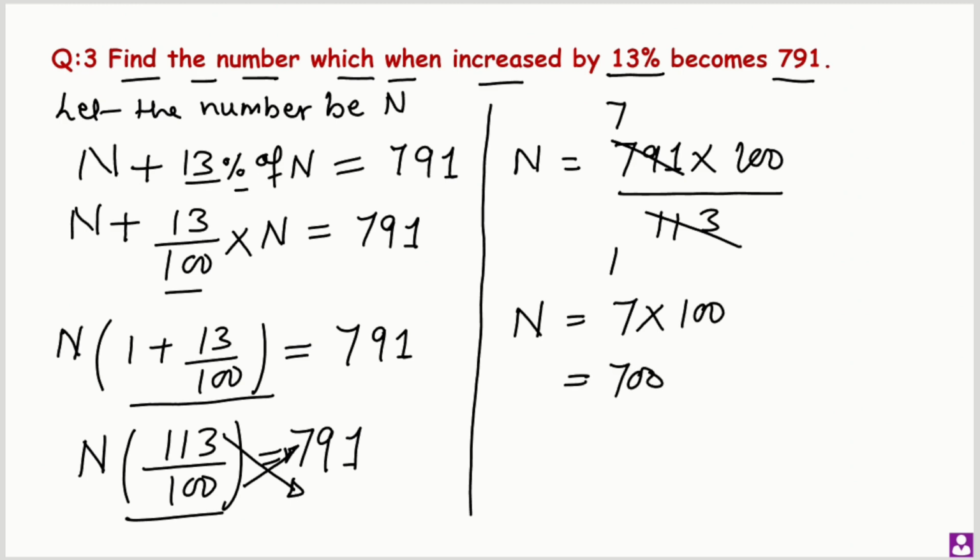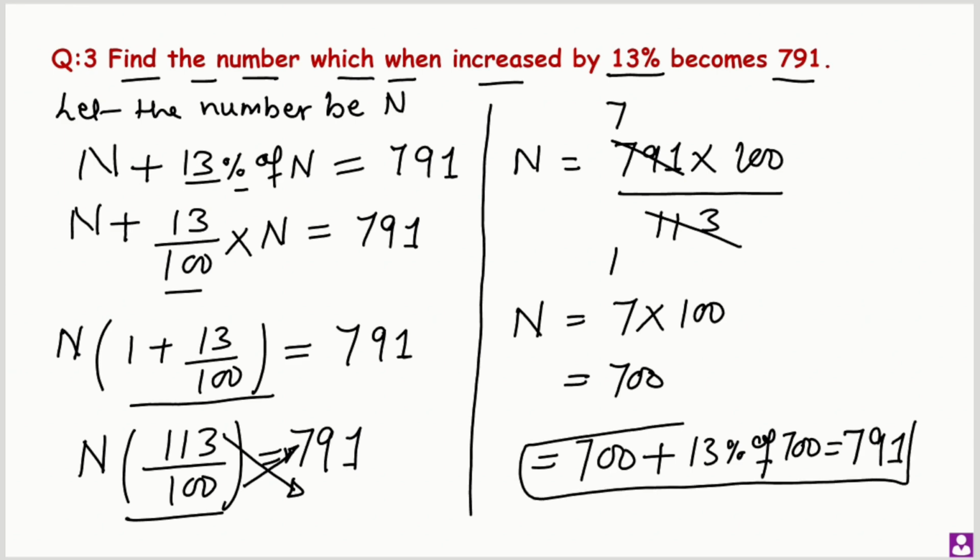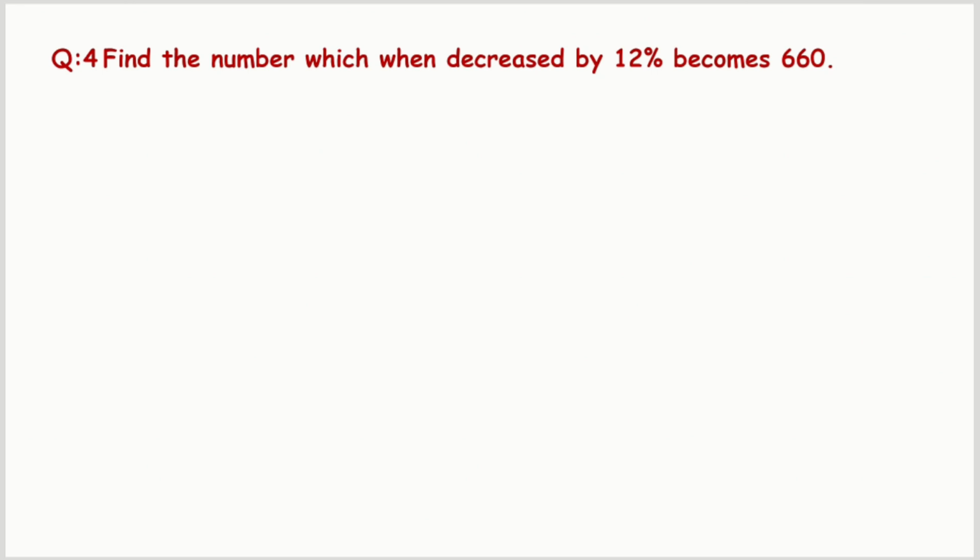So if we add 700 and 13% of 700, we will get the number 791. So this is our answer. The number is 700. So here I have taken the next problem.